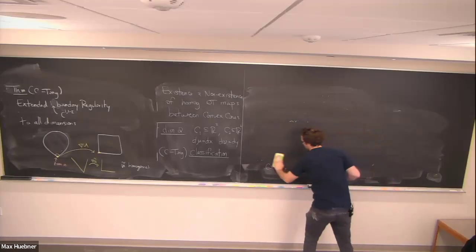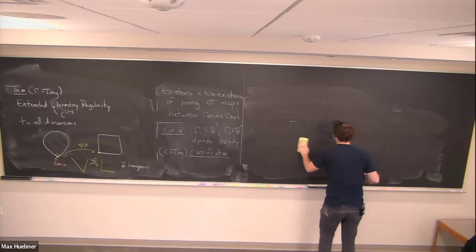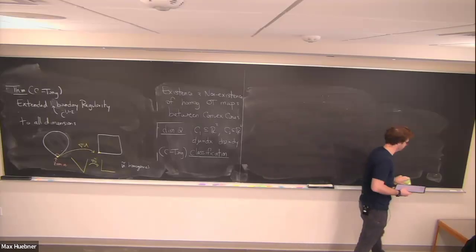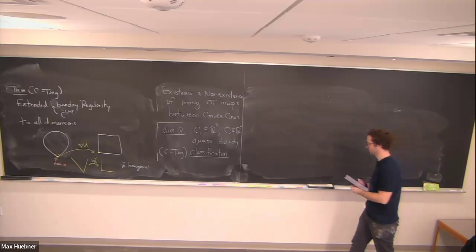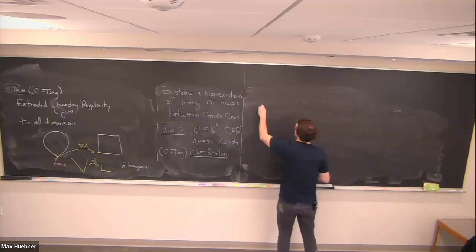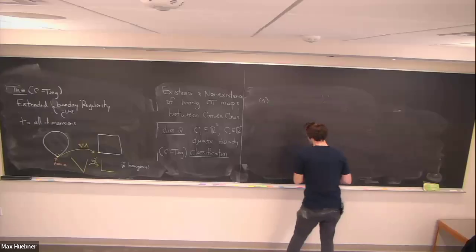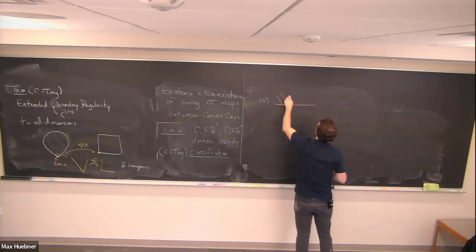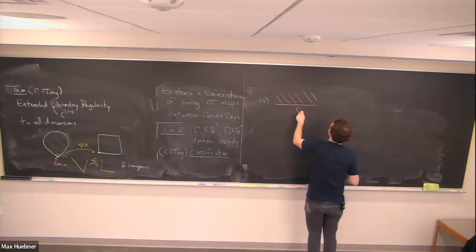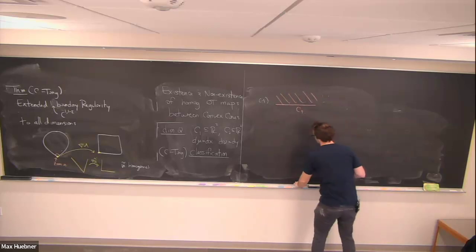By all possible cones, you mean all solutions to Monge-Ampère? Yeah, all possible pairs of cones, C1 and C2, for which there exists a homogeneous optimal transport map from one to the other. So the simplest case is when the cones are just half spaces. I'll draw them in the same space.